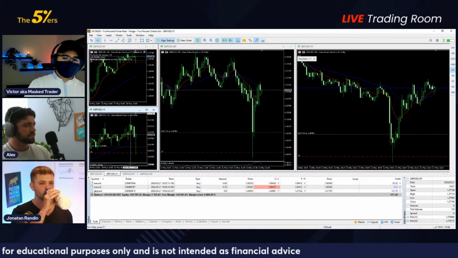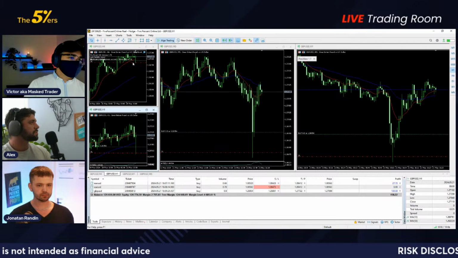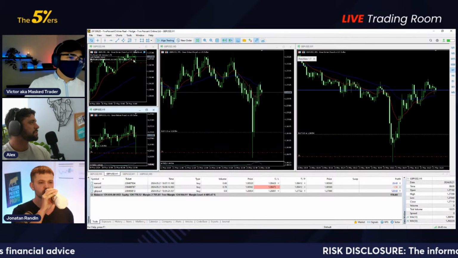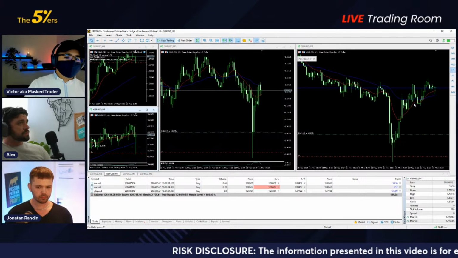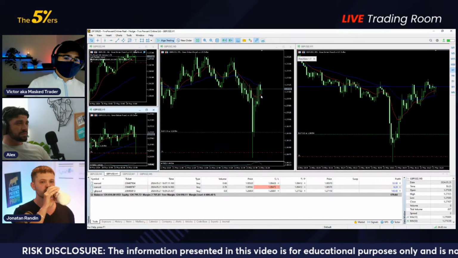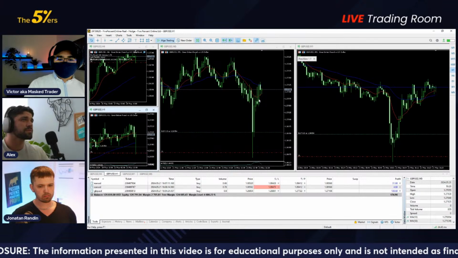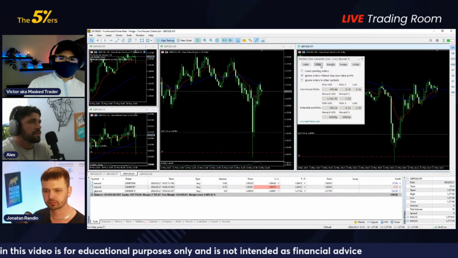So if this turns around, you're catching the continuation on this trend that is already there. So this would be just a simple retrace that now turns back into the general bullish position, and let's see how it goes.